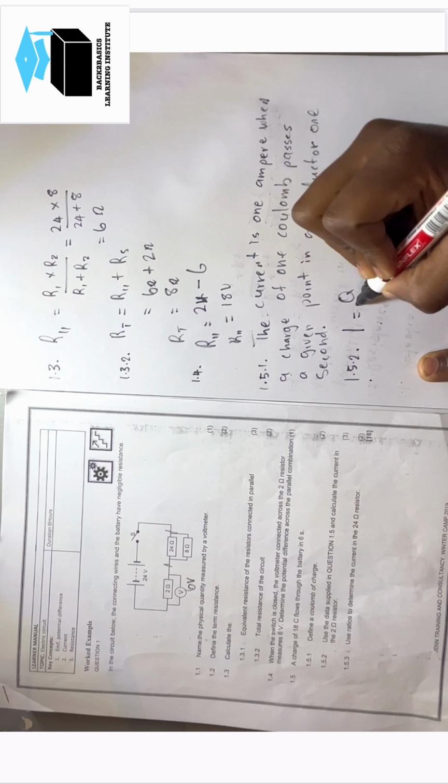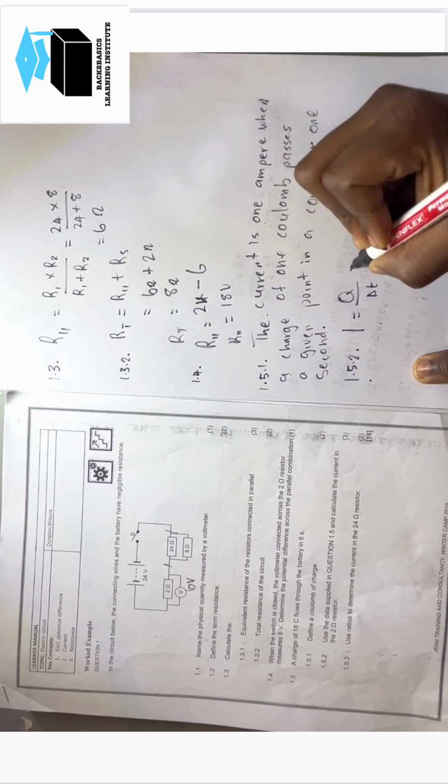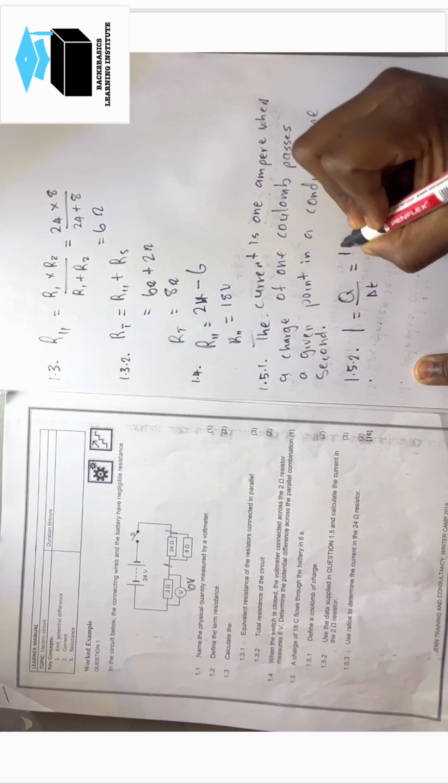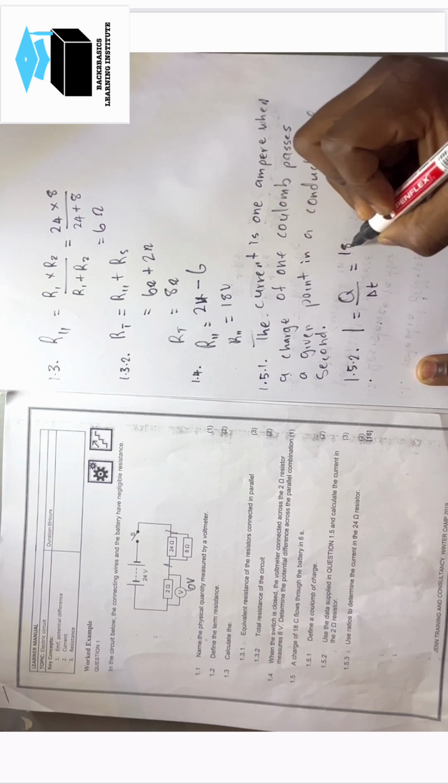Current is the charge over the change in time, so this is 18 divided by 6, which gives us 3 amperes.